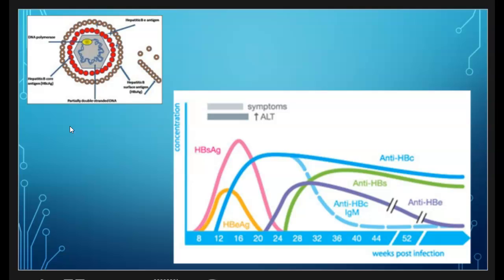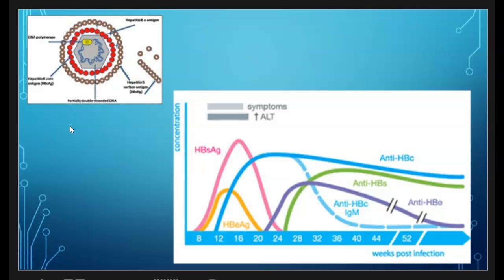So that's interesting that the hepatitis B E antigen, even though it's an antigen, can still be positive in chronic infections. The thing to note here is that the hepatitis B core antigen, or HBC antigen, is not detectable in serum because the envelope masks it. That's why we don't test for it.